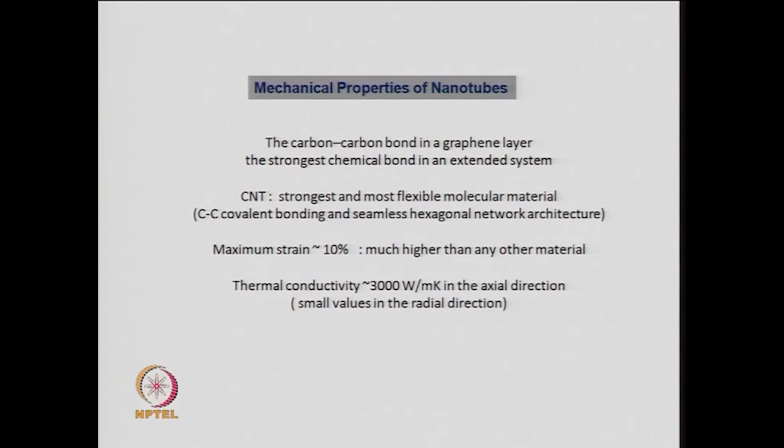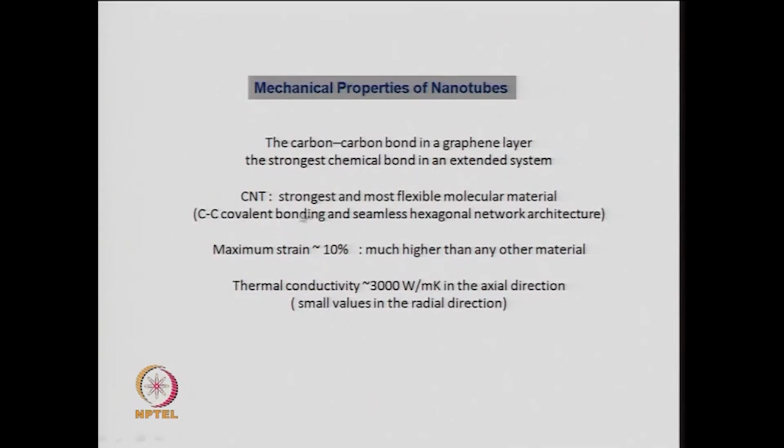Now, in any extended system, the carbon carbon bond in graphene is the strongest bond. It has the highest bond energy compared to any other system. So, since carbon nanotubes are based on a rolled graphene sheet, this strength of the carbon carbon bond in an extended system will also translate into the carbon nanotube.